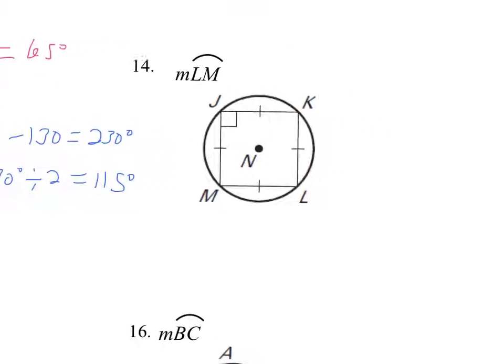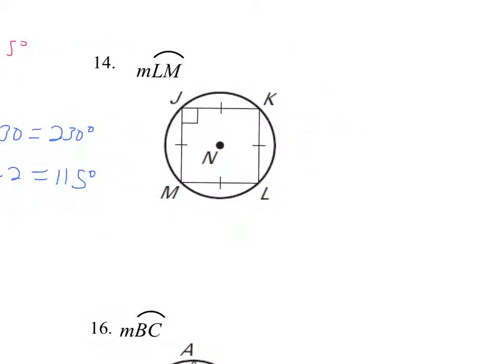In number 14, we have 4 congruent chords. Look at this chord, and this chord, and this chord, and this chord are all congruent. So what that means is that these arc measures are also all congruent.